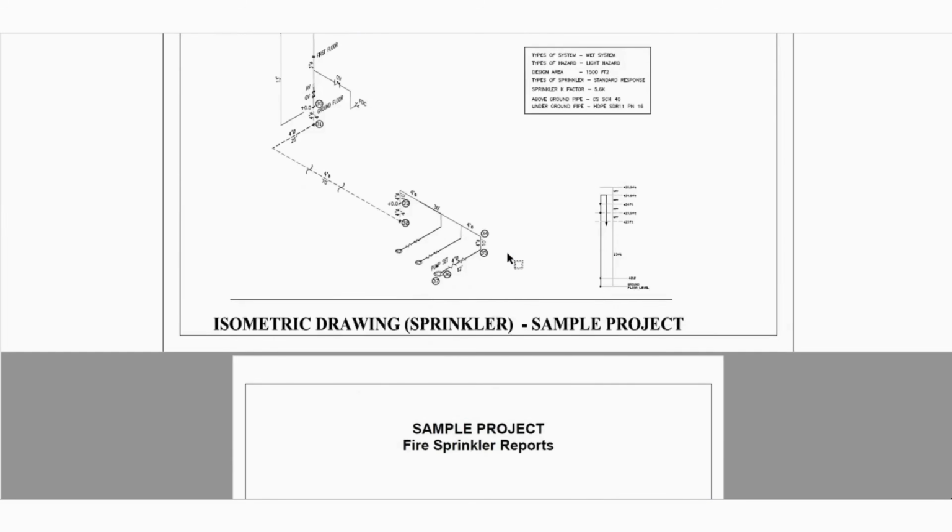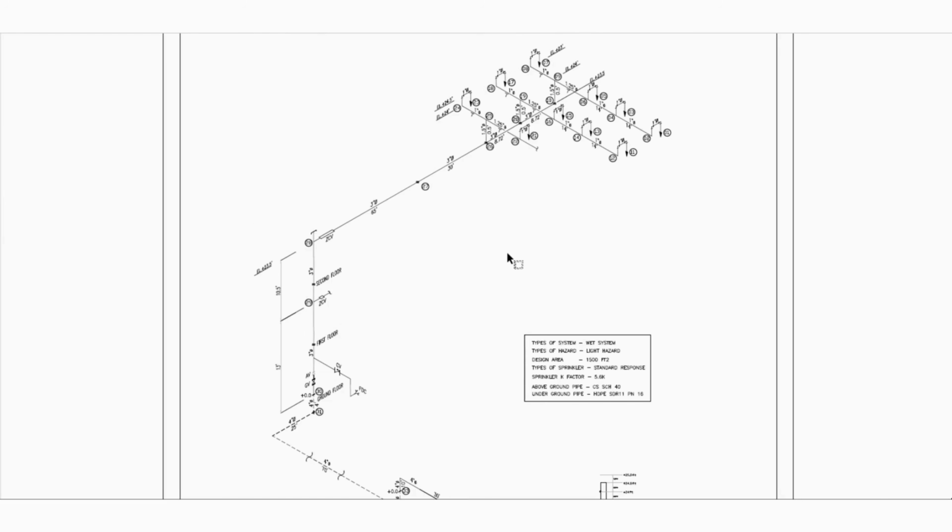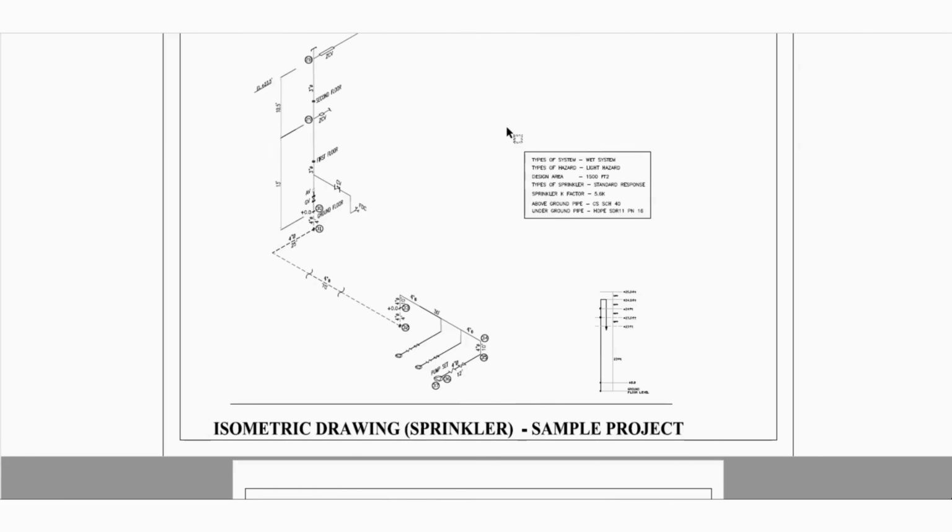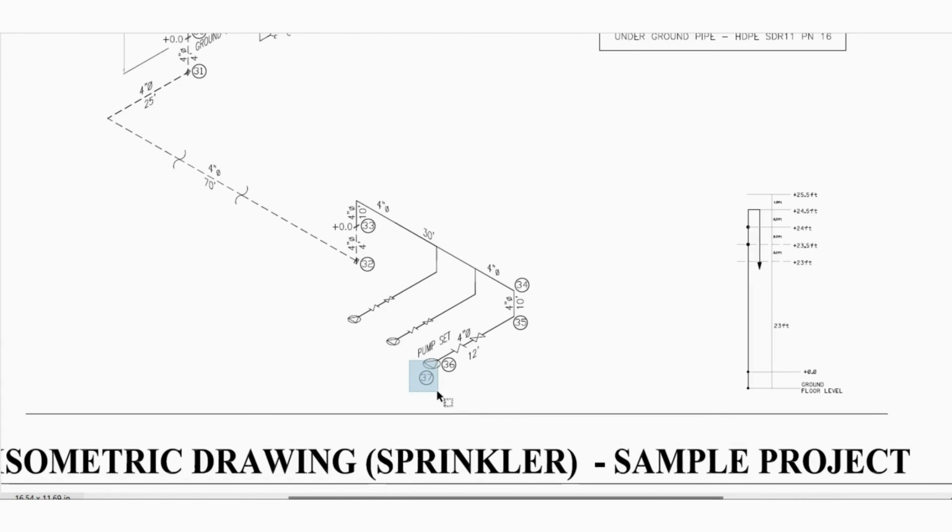So we'll go back to the isometric. I told the software that I need 7 psi at the remotest sprinkler. So what will be the required pressure at the inflow node? Then the calculation software provided me the results with the required demand, such as 371 GPM and 67 psi.